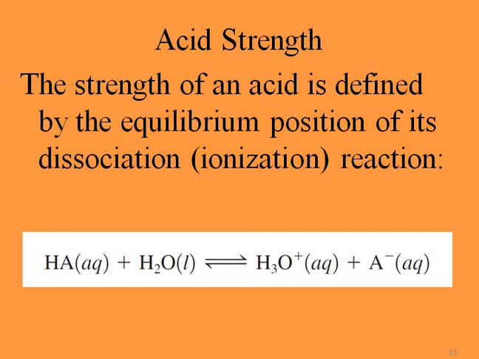Water acts as a base in this example, and on the right hand side you will see the conjugate acid and conjugate base. H3O plus is water after it gained a proton, or we call it hydronium ion. And then we also have A minus, which is the conjugate base. After the acid loses the proton, it becomes A minus.